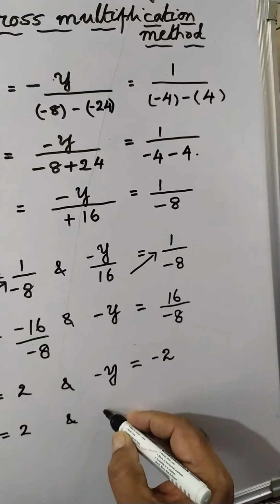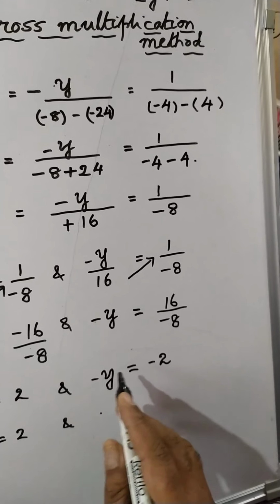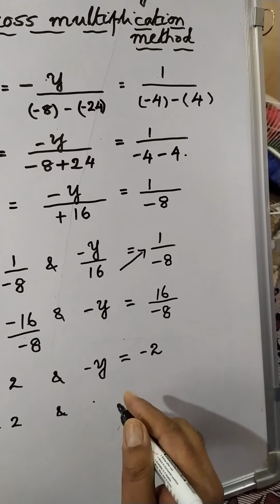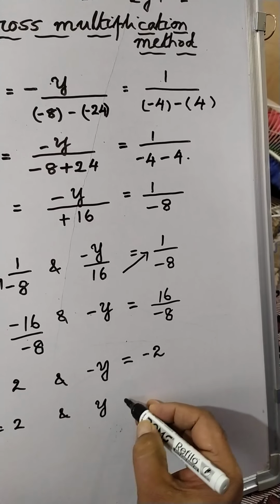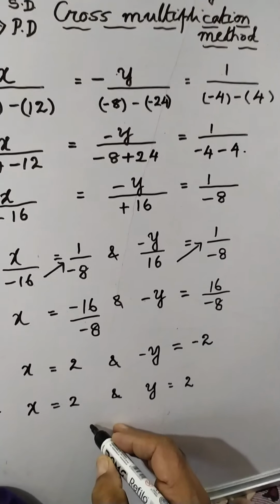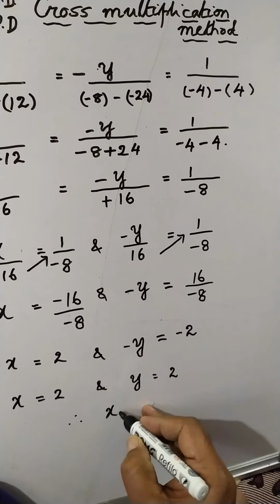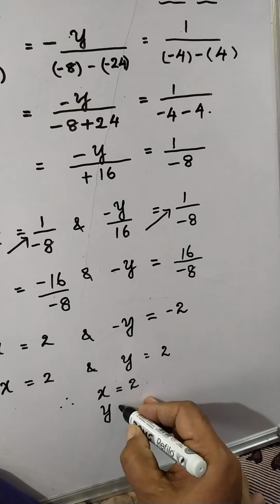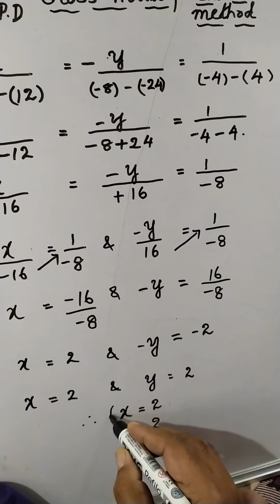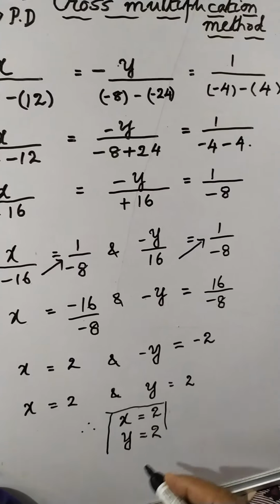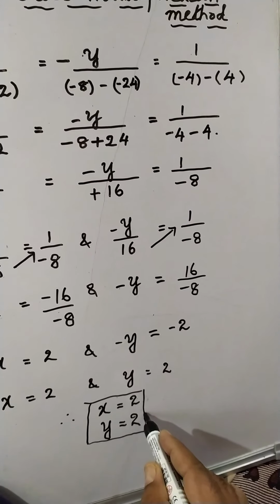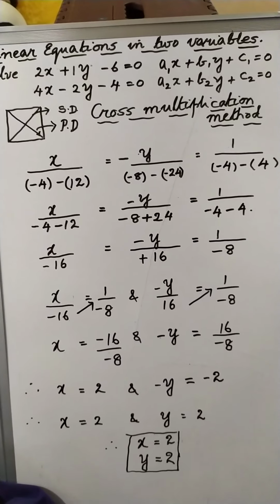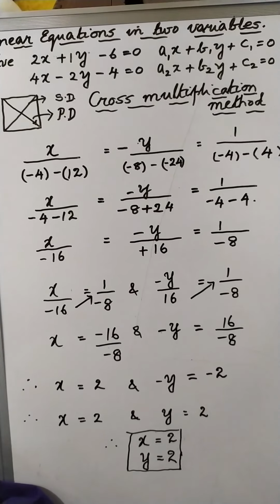If I change the negative sign on both sides, I will get plus y is equal to plus 2. Therefore, the two values that I get are x is equal to 2 and y is equal to 2. So, I have solved the pair of linear equations in two variables by using cross multiplication method.